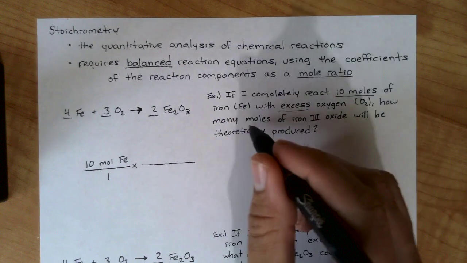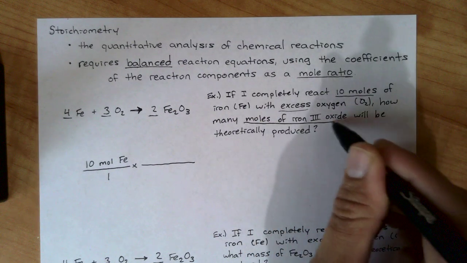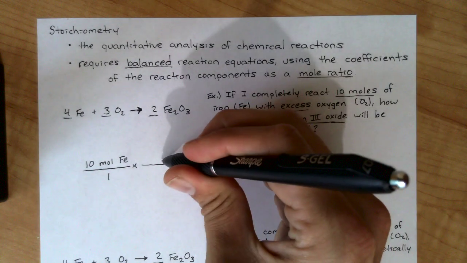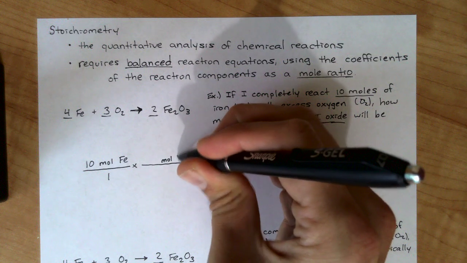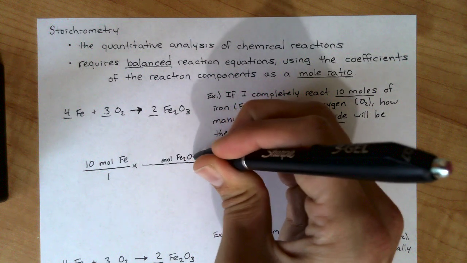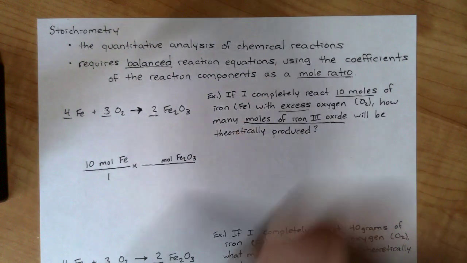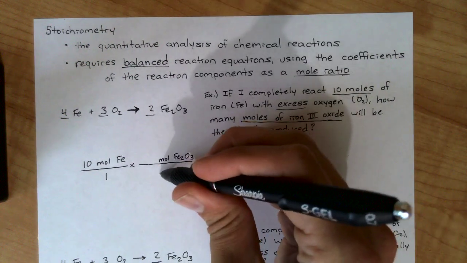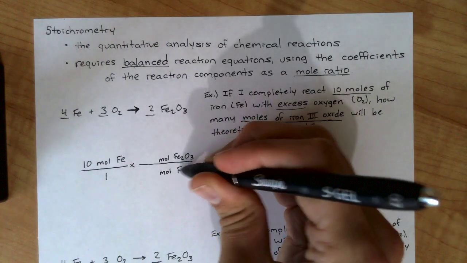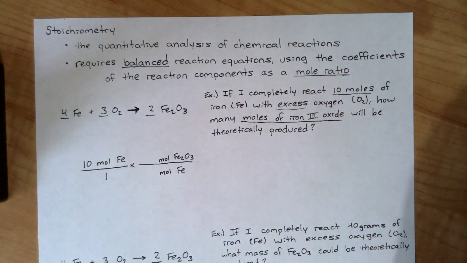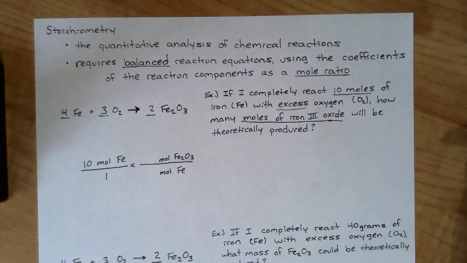Well, the question wants us to say moles of iron(III) oxide, right? So I'm going to put that up top. Moles of Fe2O3. And then I want to get rid of moles of iron. Well, if I put moles of iron in the denominator of the next term, when I multiply these fractions together, you're going to see in a moment that we can cancel out those units.